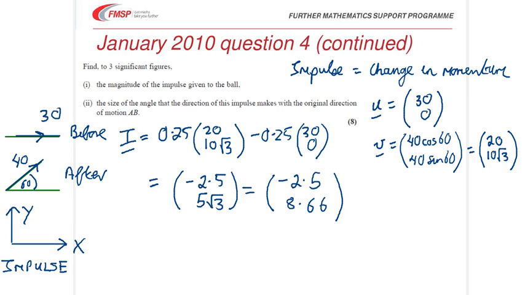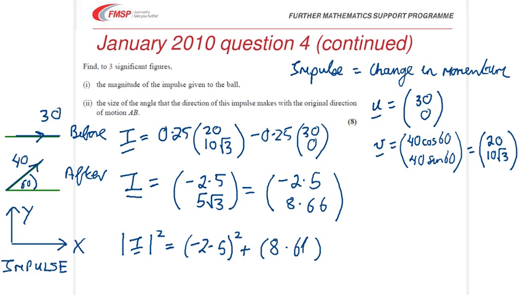Now that's not quite what they want for part 1. They don't want the impulse as a vector. They want the magnitude of the impulse, so let's work that out. The magnitude of I squared is minus 2.5 squared plus 8.66 squared. And that gives the magnitude of I as 9.01.